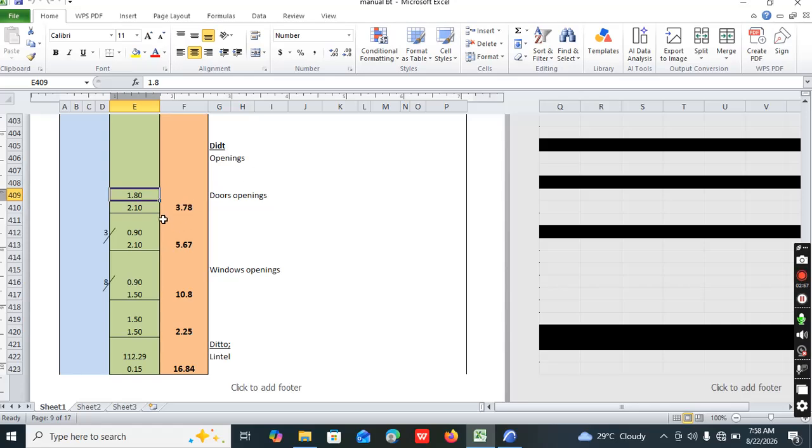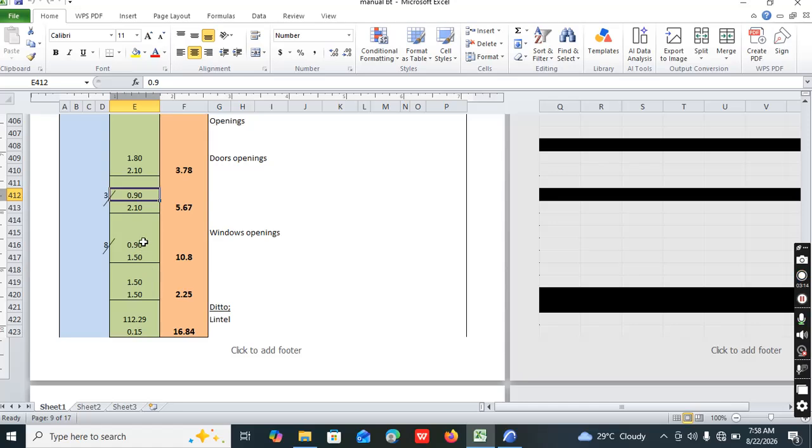For the deduction of the openings, this is the width of our window, the width of our door, and the height of our door, and applicable to this, the width of the door and the height. And here we see the width of the window and the length of the window. The window is about 8, this door is about 3. This one is only one type, this window.